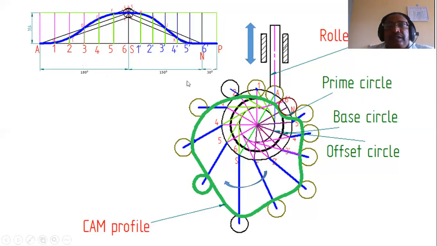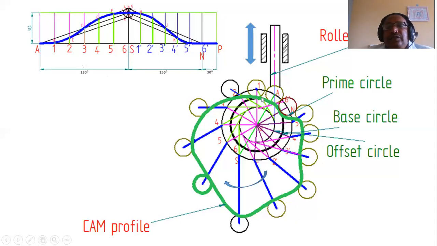So this represents A, B, C, D, E, F, G, H, I, J, K, L. So from all the points, draw the circle.